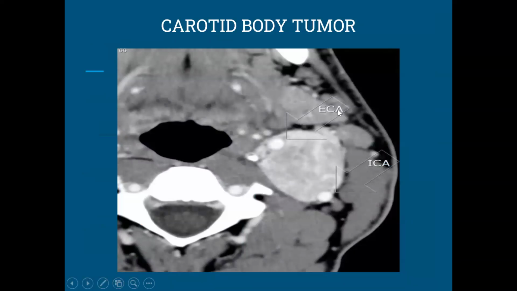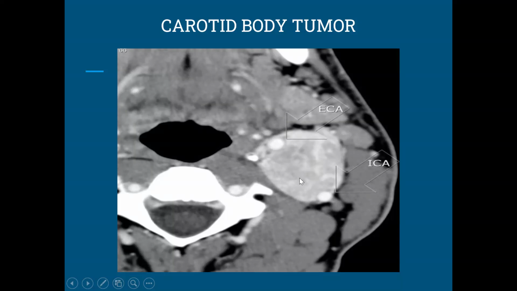Another example, of a carotid space lesion. This is a typical case of an enhancing carotid body tumor causing splaying of the internal and external carotid artery. We can see this black fat, the parapharyngeal fat space, which in this case is displaced anteriorly by the carotid body tumor, because we have the carotid space posterior to the parapharyngeal space.